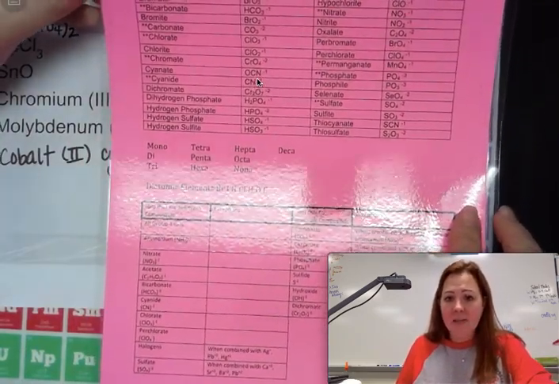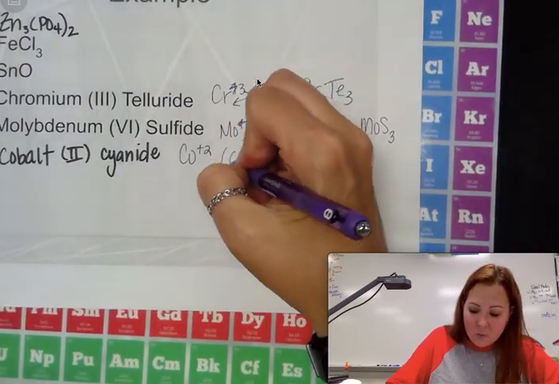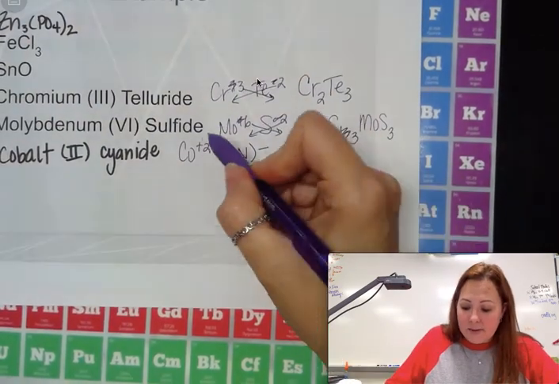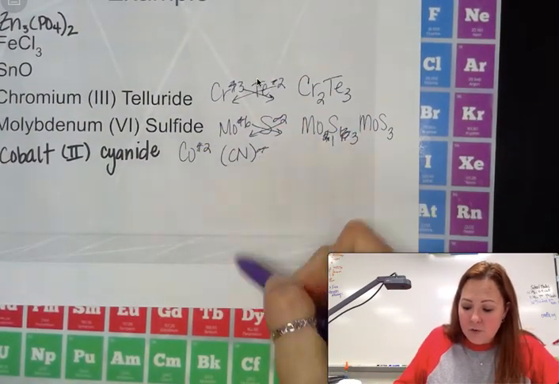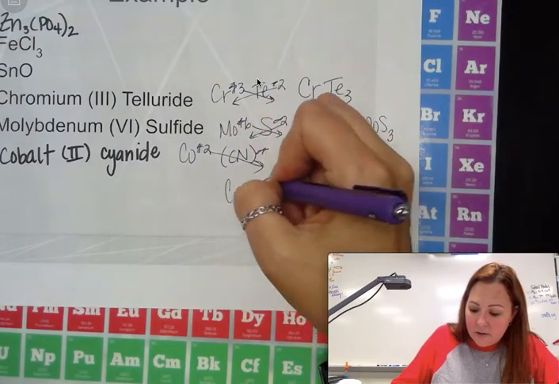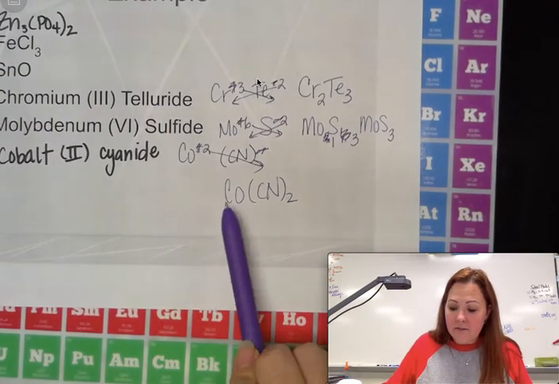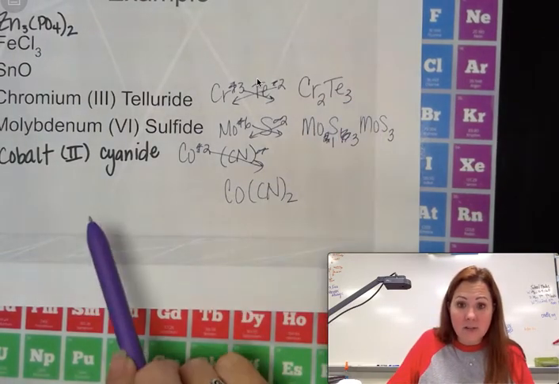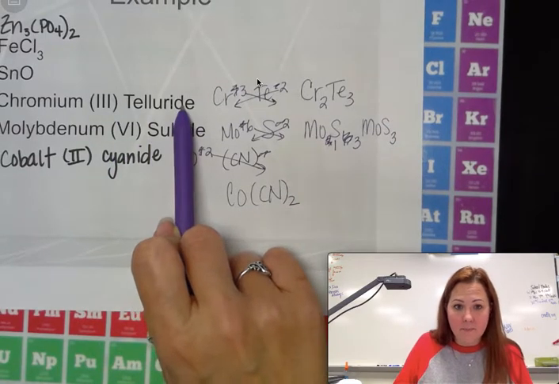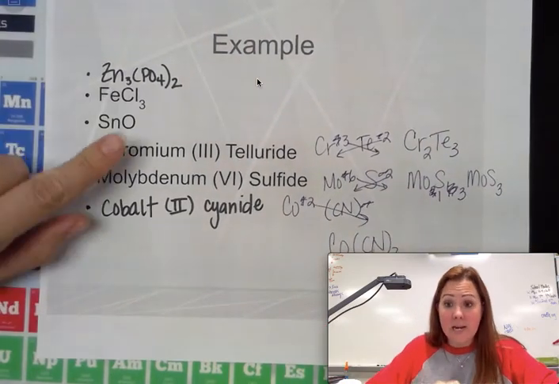And when I look up cyanide on my polyatomic ion chart, it's CN with a -1 charge. Again, my plus and my minus disappear. The 2 travels over here, so you end up with Co and then (CN)2. So with this one, or any of these, you just use the charge that's given, look up the other charge, and then swap and drop. Now on these, we have to write the name.